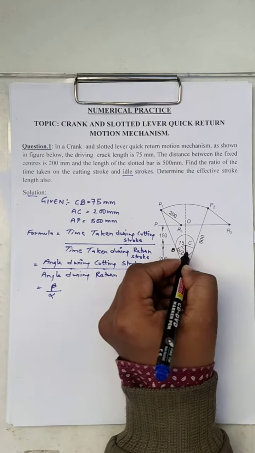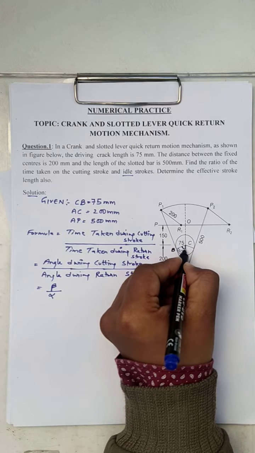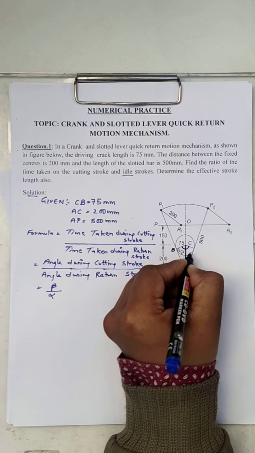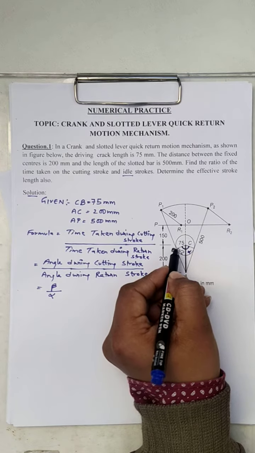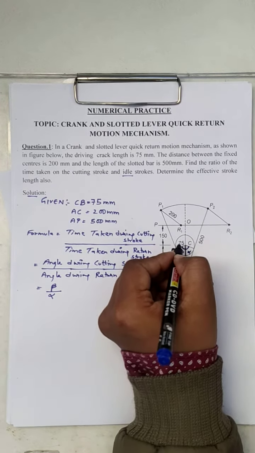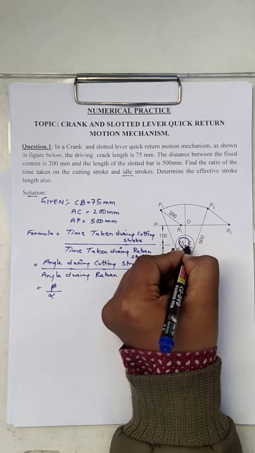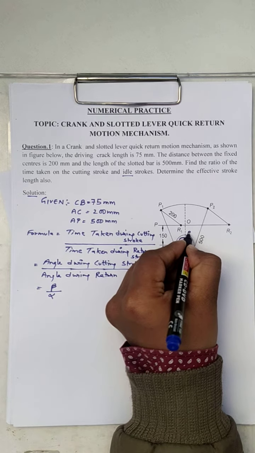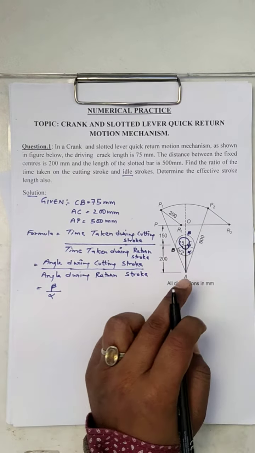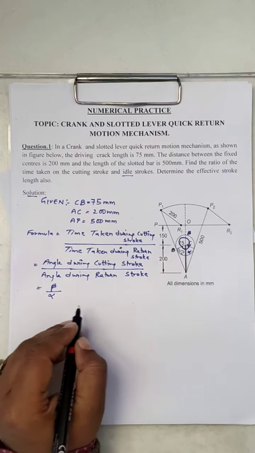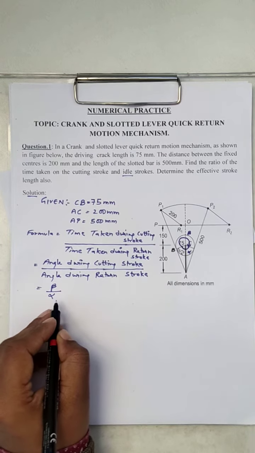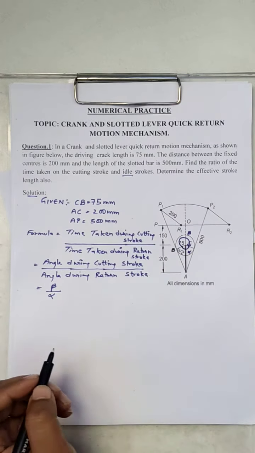So in this particular figure, this angle is alpha and from B this angle is beta. So we will first determine these angles and then we will proceed. So all we need is to determine this beta upon alpha for the first part.